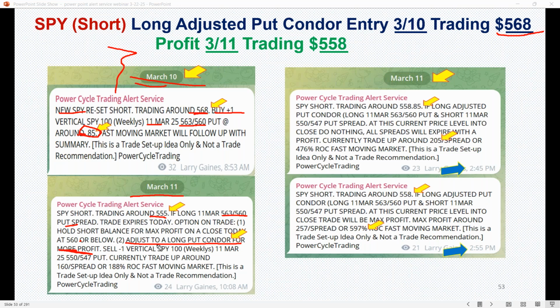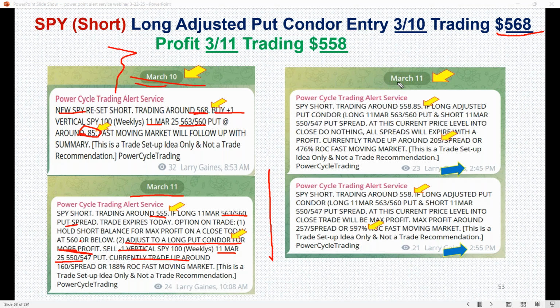So try to increase the profit. So when it was trading down here at 555, added a bull put credit spread to it, selling the vertical SPY 11 March 550, 547 to increase the trade profit, and that's also reducing risk.